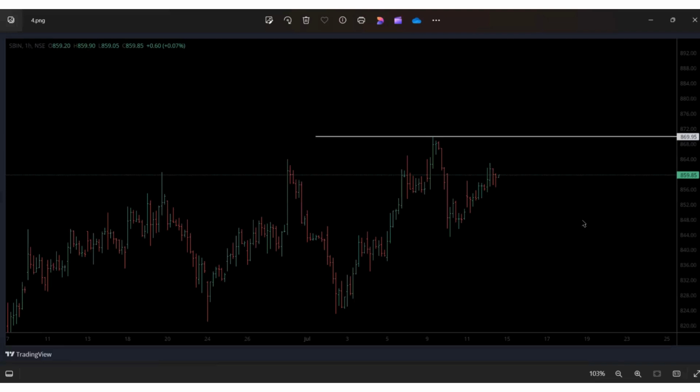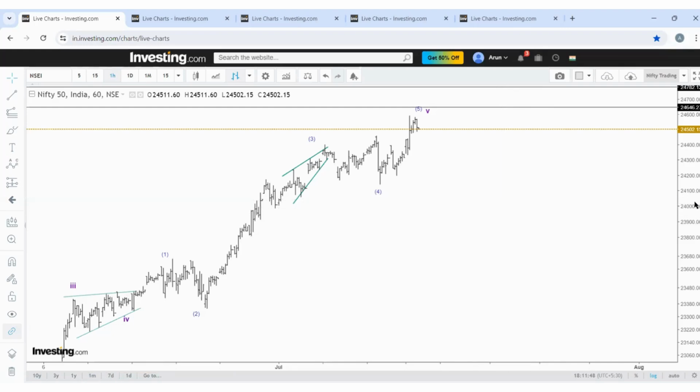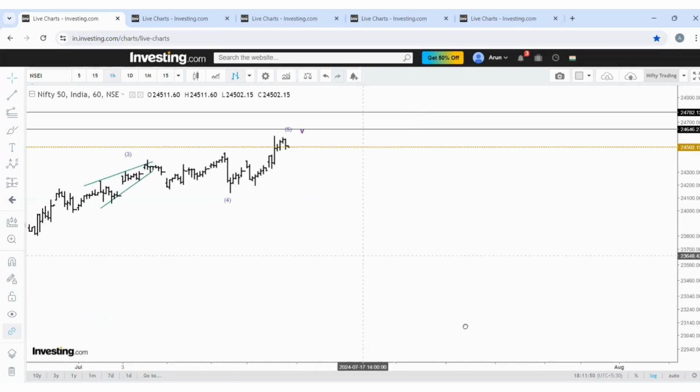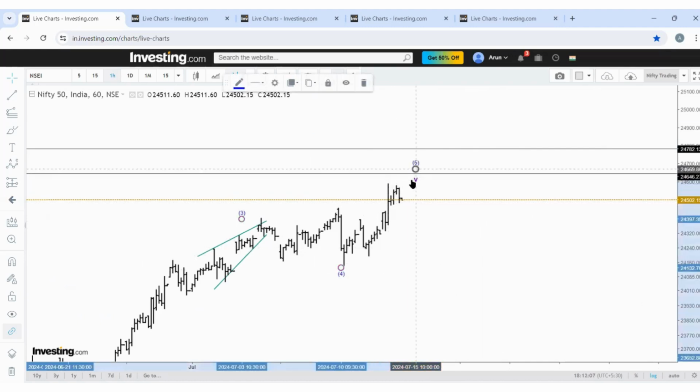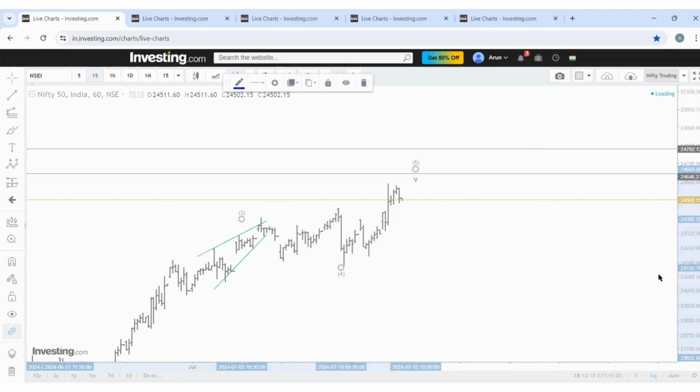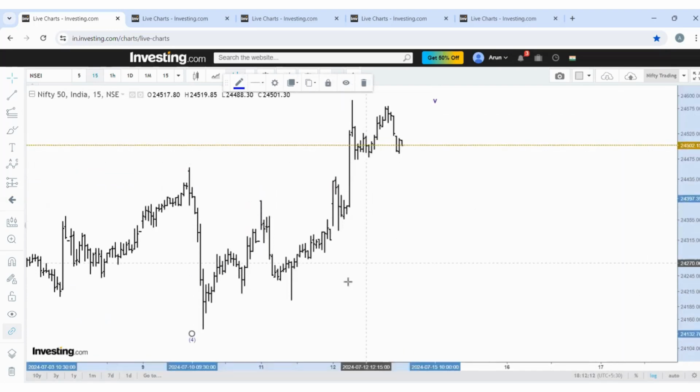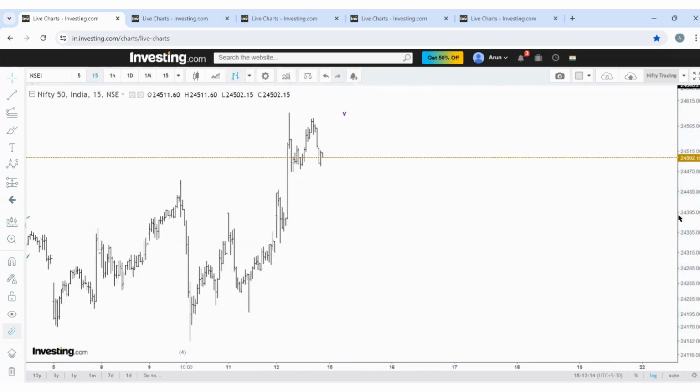Okay, so what can we expect next week? This is what was still expected. Whatever we expected is 24,650, and I believe this can be waves 1, 2, 3 itself, not completed, or wave 3 here. I give two options now. It can be 3, right? Let me go to the 15-minute chart.